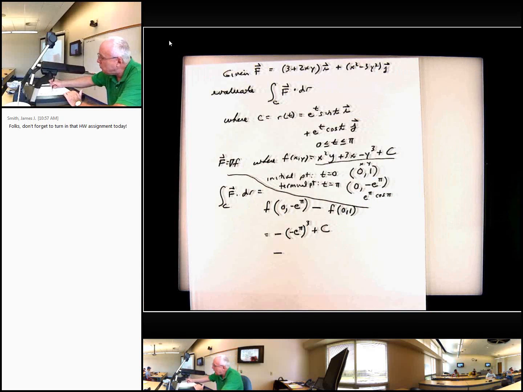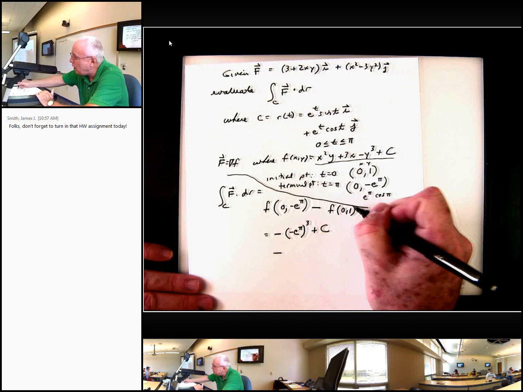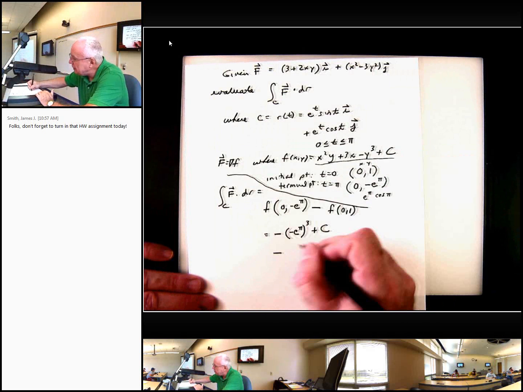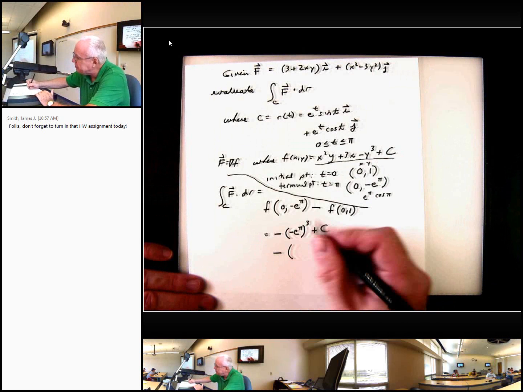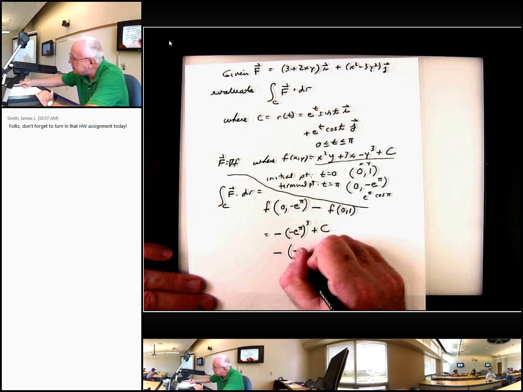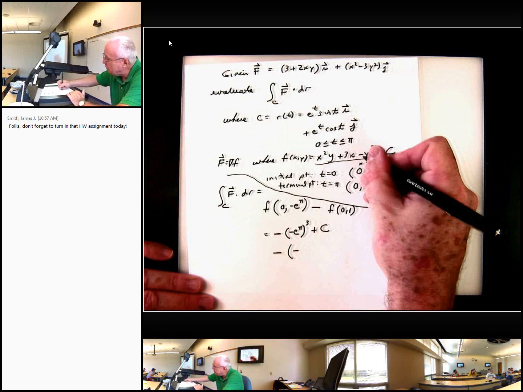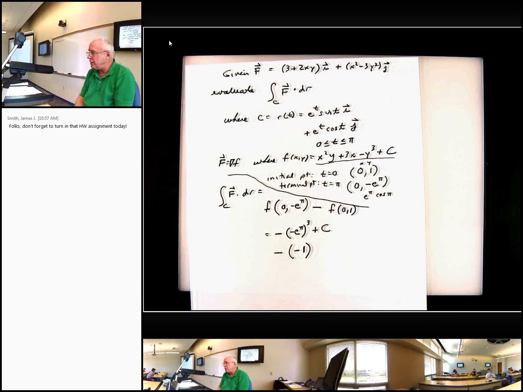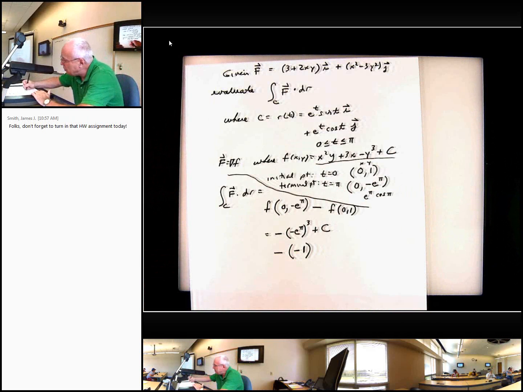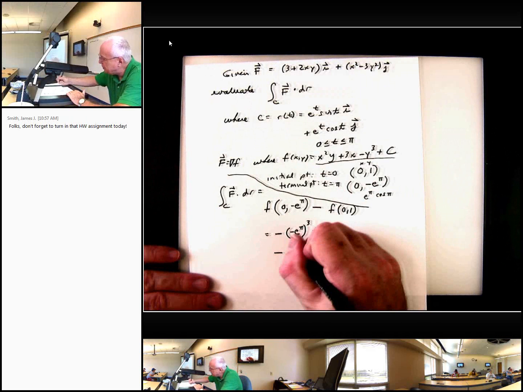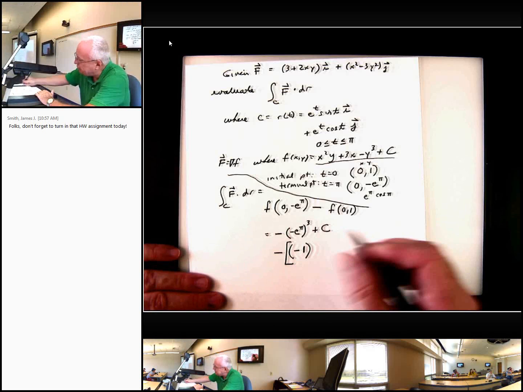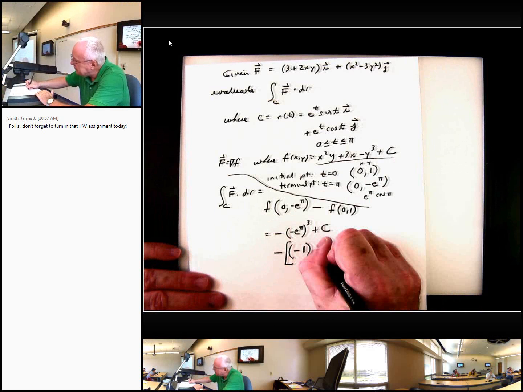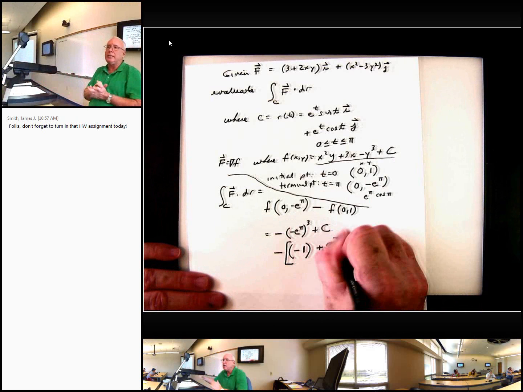I plug 1 into my y to the third, so I need to use parentheses again. That's going to be minus for the minus there, and then 1 to the third is a 1. So I'm going to have a double negative there. And also, here, I need to put brackets, since I'm insisting on tacking on that C.